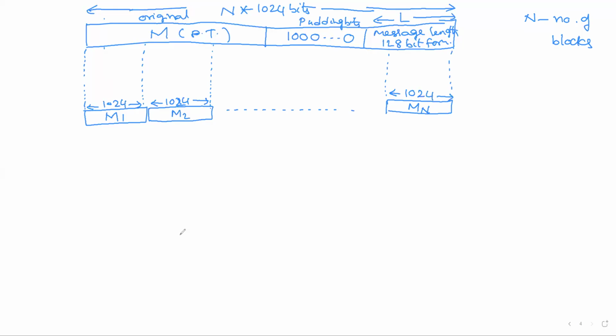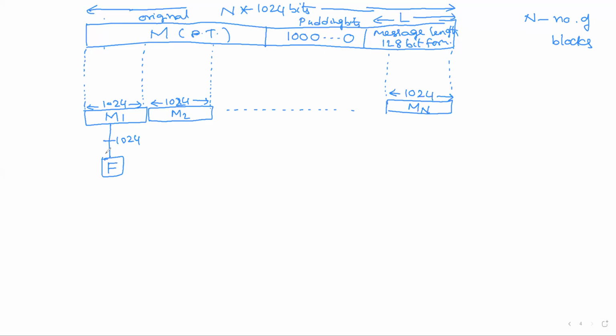Now, as we discussed, each block of size 1024 bits will undergo some round operation. That round operation will be done using the round function.